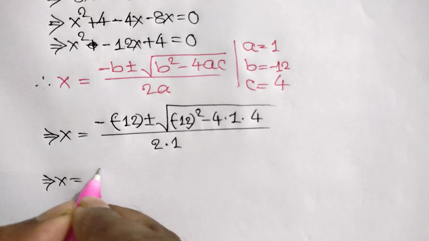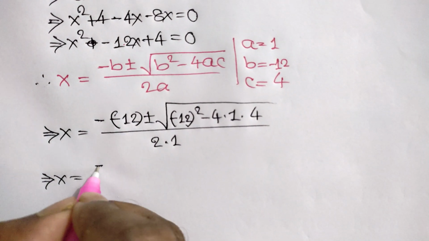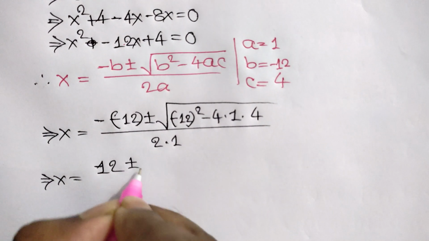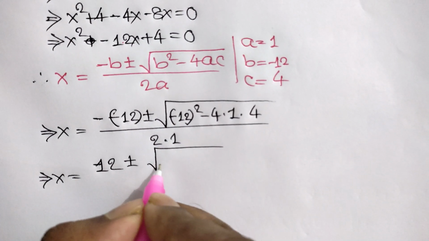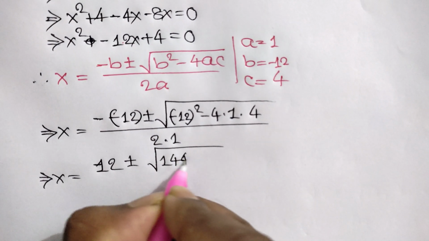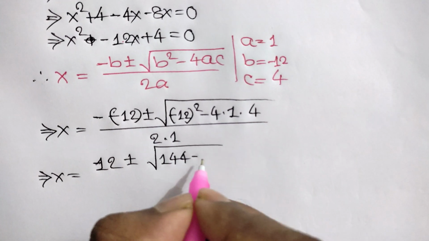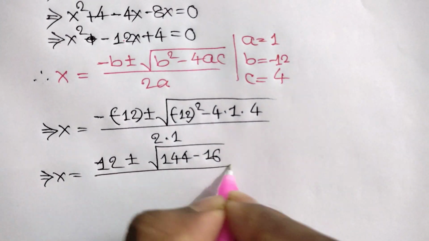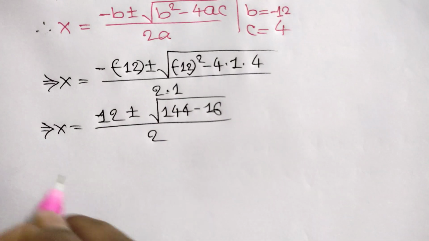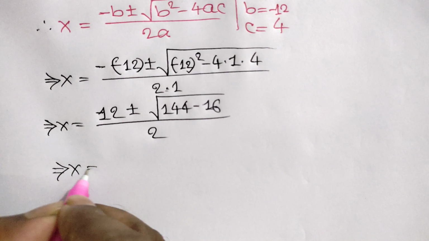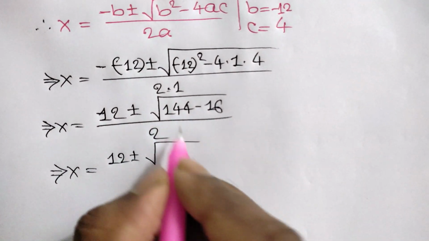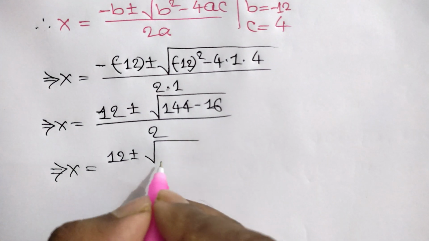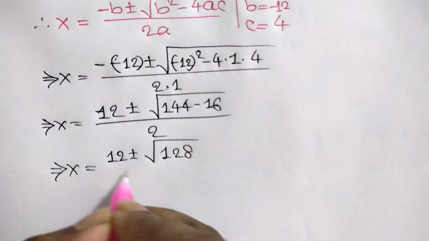Minus times minus is plus, so here we will get 12 plus or minus square root of minus 12 square is 144 minus 4 times 1 times 4 is 16, over 2 times 1 is 2. Or x is equal to 12 plus or minus square root of 144 minus 16 is 128, over 2.